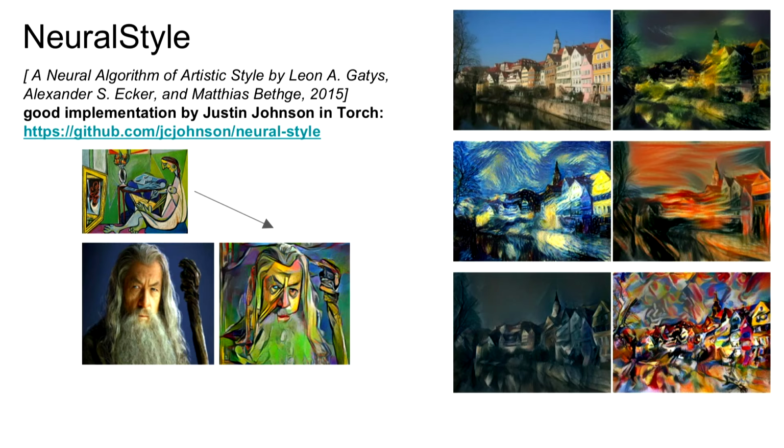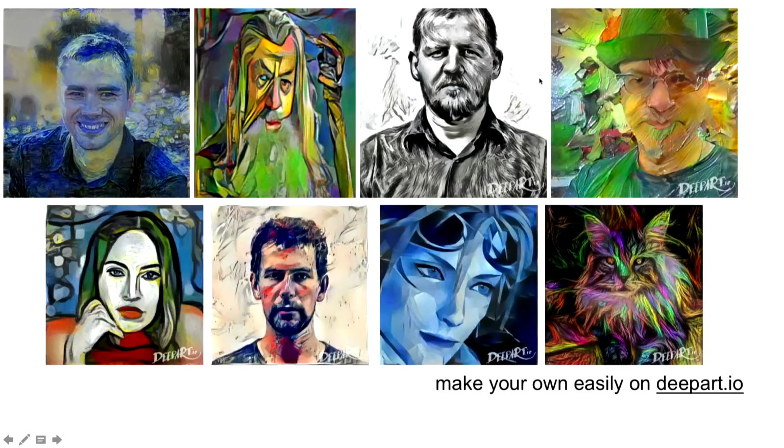You can see some examples. This is a styling image here, an original content image here, and the output is a new image which has the same content, but the style of the style image. Similarly here, we've got a variety of styles of this input image. A few more examples. And there are online tools that you can use to create these images.